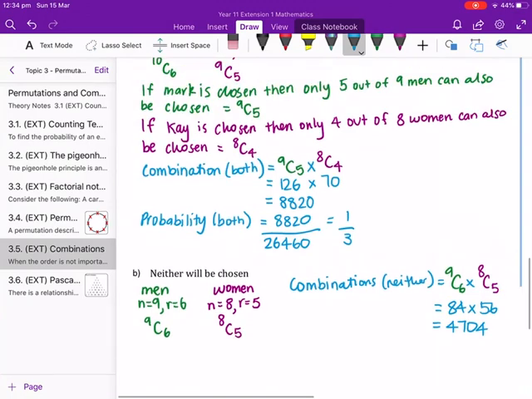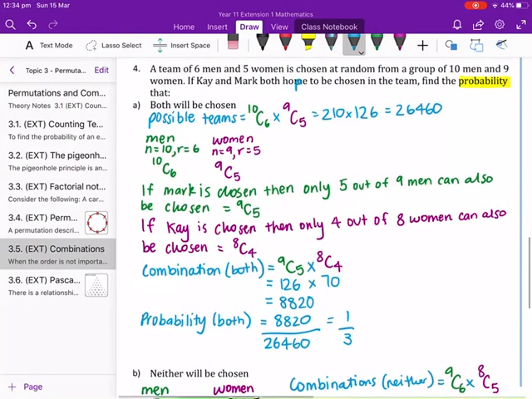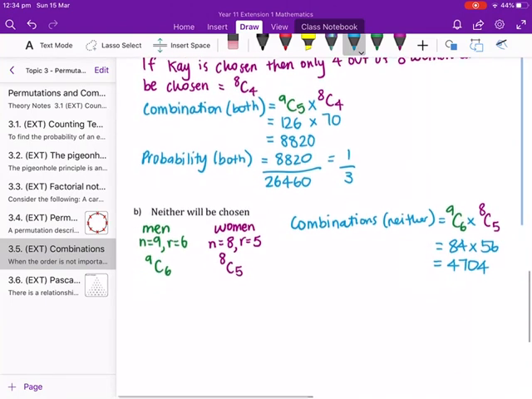But the key word in the question is find the probability that neither will be chosen.